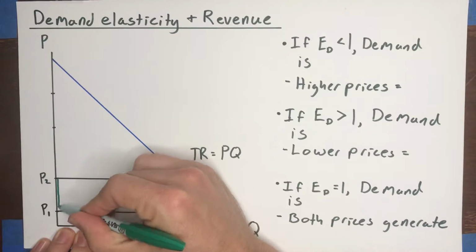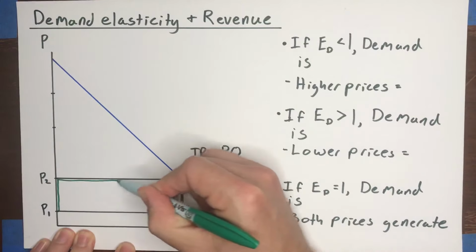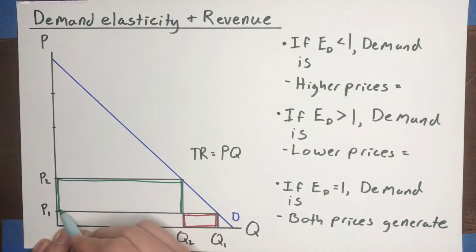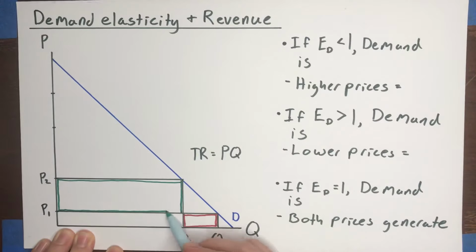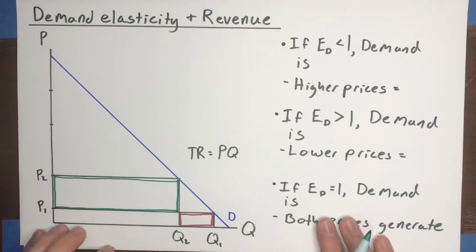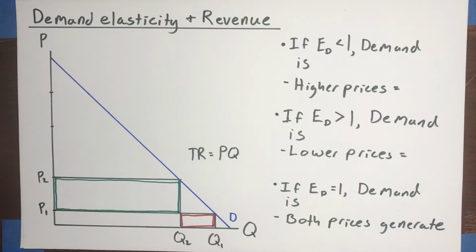This rectangle that I'm highlighting in green represents extra revenue from raising your price. Just eyeballing it, it's pretty obvious that the revenue that you give up by raising your price, in this case, is less than the revenue that you gain by raising your price.